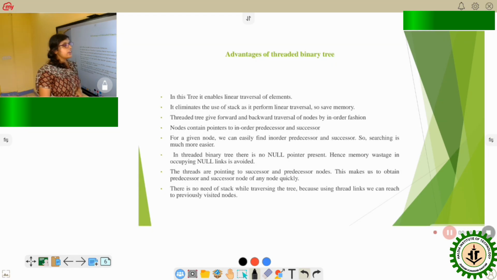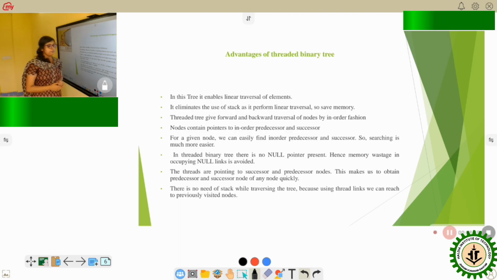Next is advantages of using a threaded binary tree. There are several advantages. The first one is it enables linear traversal of elements. So what are the three kinds of traversal techniques of a tree? First one is in-order, next one is pre-order traversal and the last one is post-order traversal.